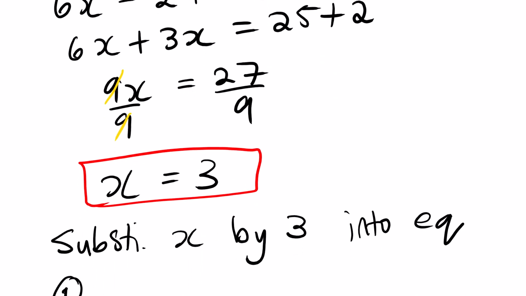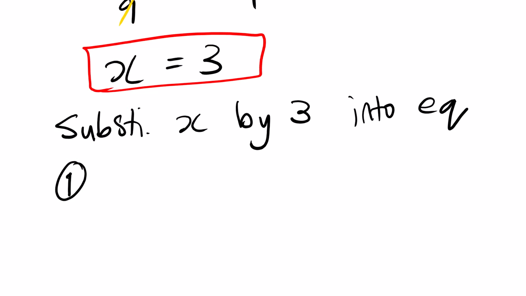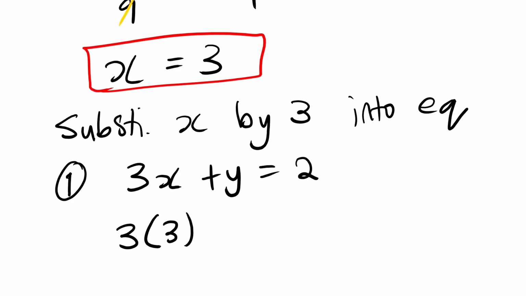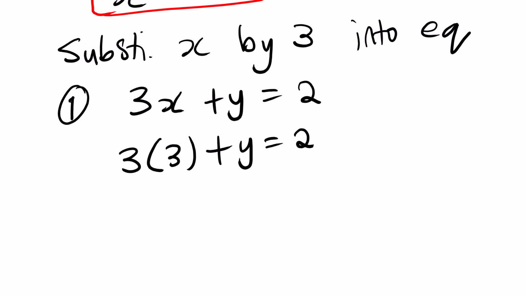Now let us quickly go back. Equation 1 is 3x plus y is equals to 2. So we have 3 times 3 plus y is equals to 2. 3 multiplied by 3 is 9 plus y is equals to 2.